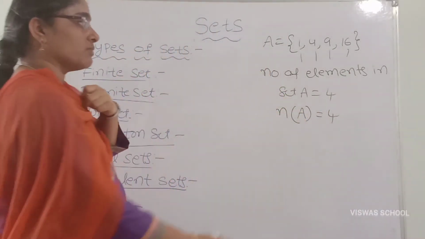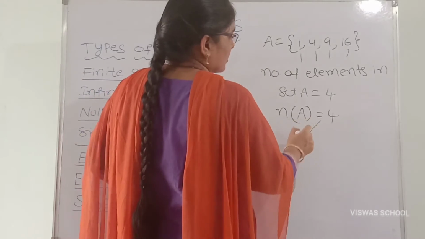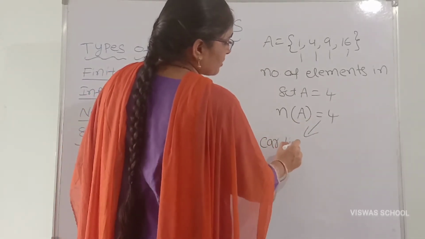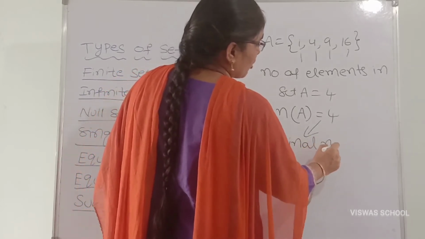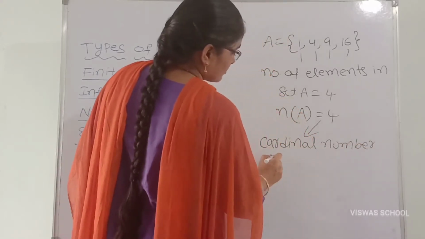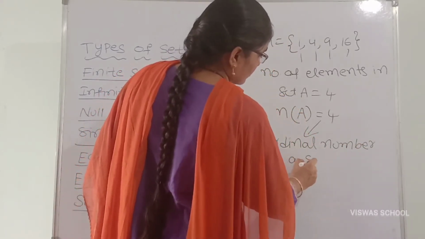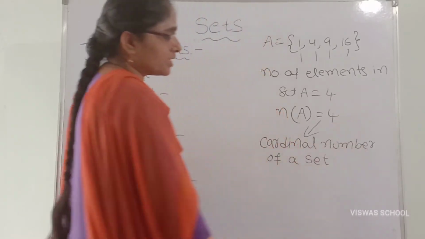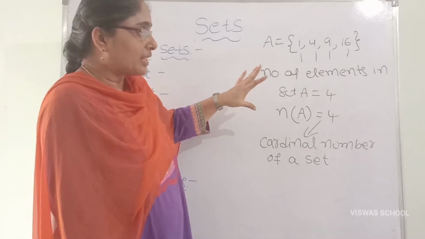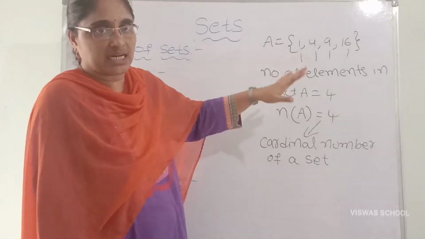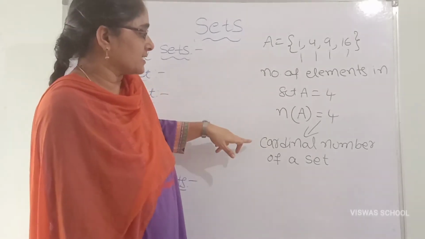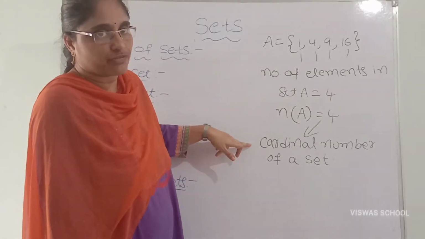This is called the cardinal number of a set. Cardinal number of a set means the number of elements present in the set. The number of elements present in the set is called the cardinal number of a set.